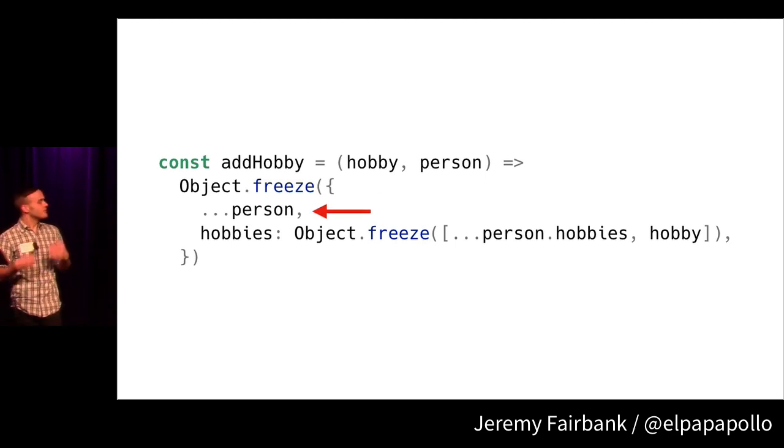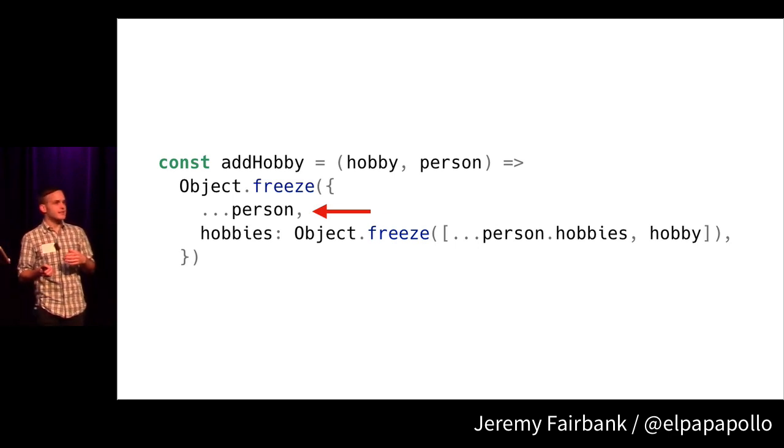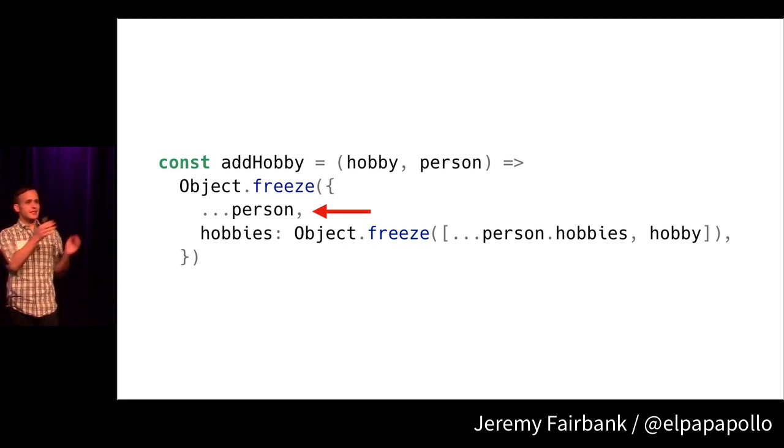And then we'll use some nice features that are coming from future versions of JavaScript. In this case, it's the object spread operator. You can imagine if I always had to create new state and I had an object, I'd have to copy all the old properties over, and that could get really cumbersome. So with the spread operator, I can basically spread out all the original properties on person, essentially copy person, and then use that new copy.